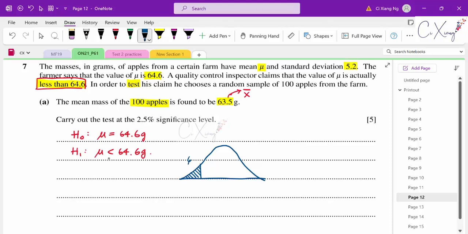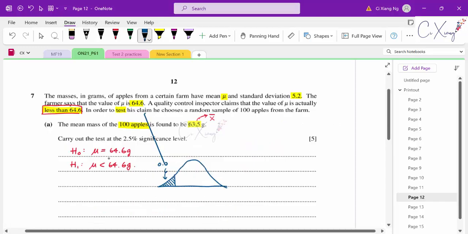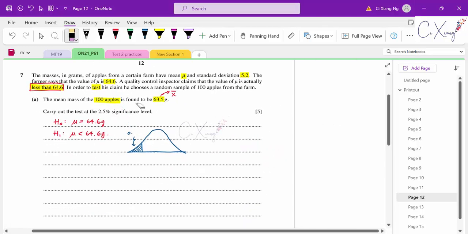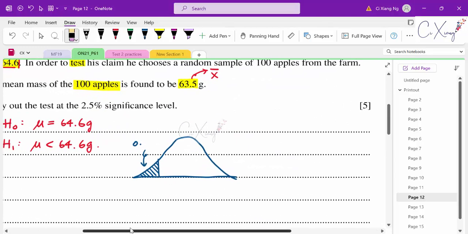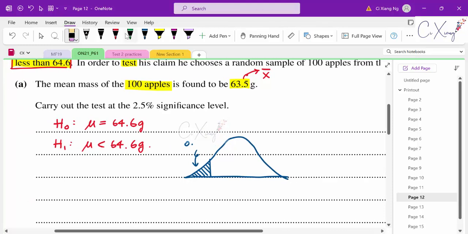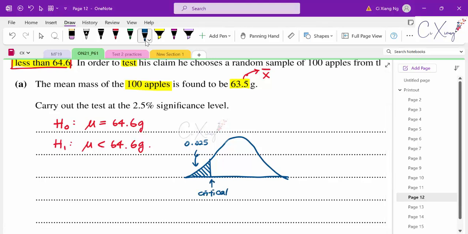Our rejection area is alpha, which is 2.5%, 0.025. This particular value of Z, we call the critical value.